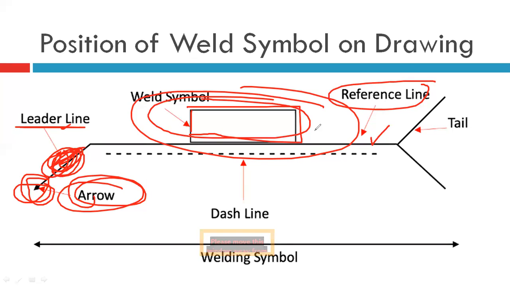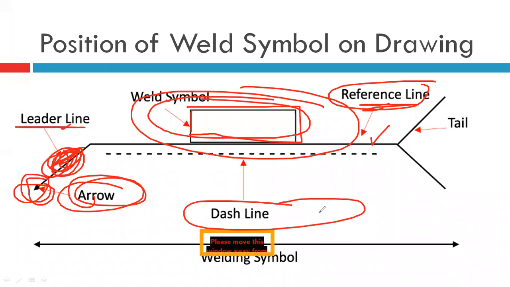Right, we will see which symbols there are. But where it is kept on a drawing: the reference line is given with a leader line like this, and above this reference line we show the weld symbol. Below, this is a dashed line. Here it is given.